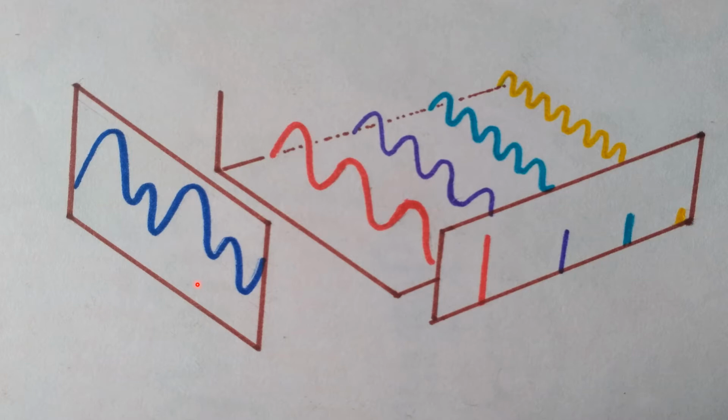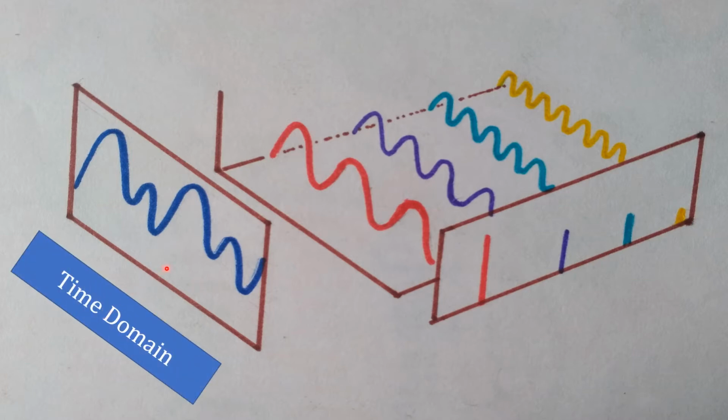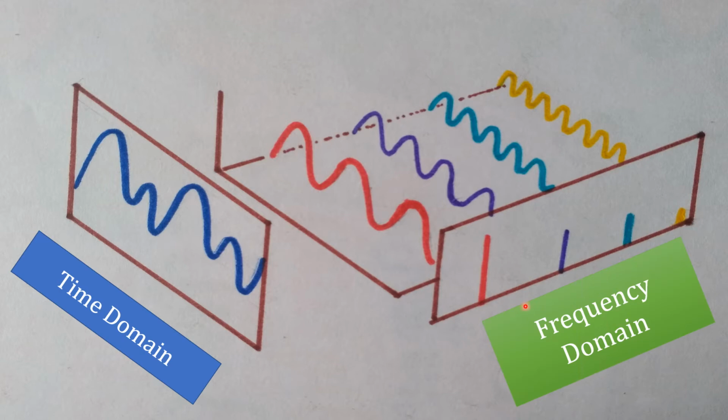And if we look at this signal in the time domain, then we cannot draw any conclusion about the nature of the various frequencies in that signal. Therefore, its decomposition is required, and the Fourier transform helps in that regard. If we take the Fourier transform of this signal and observe it in the frequency domain, it appears like this.